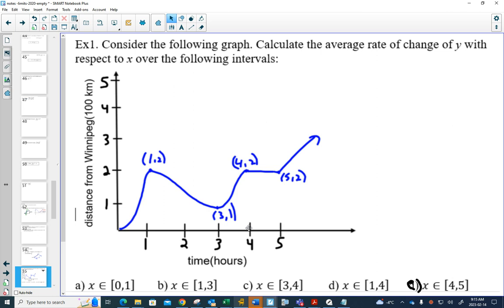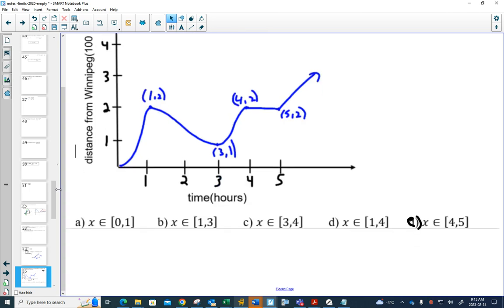So if you wanted to calculate the average rate of change from each of these points, what you have to do is figure out, as I went from 0 to 1, my change in x is 1, my change in y goes from 0 to 2, which would be 200, because this is measured in 100 kilometers. So this would be 200, and if we included the units, kilometers per hour.